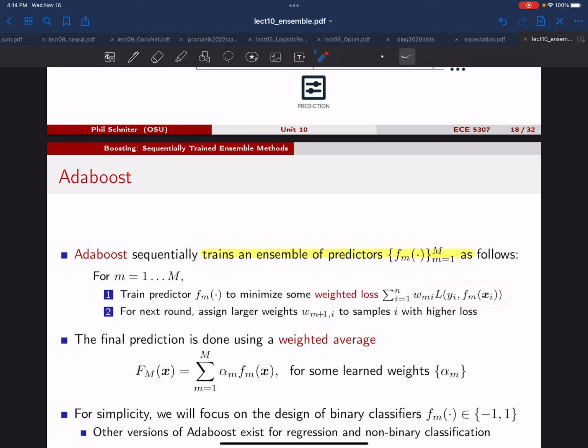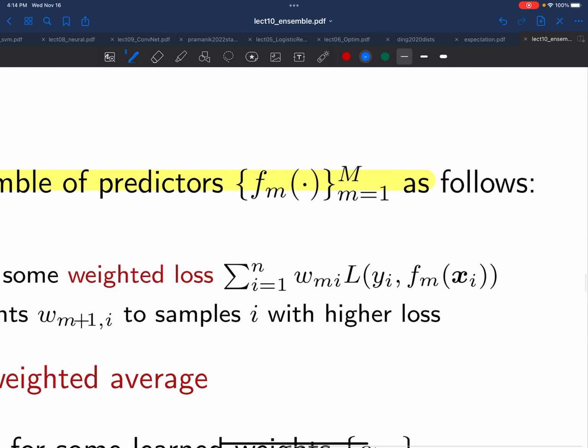It's a loss between the ith training label, and this is our prediction of that label from the ith training feature. So we can sort of think about this as like a y_i hat that we're making with the mth predictor.